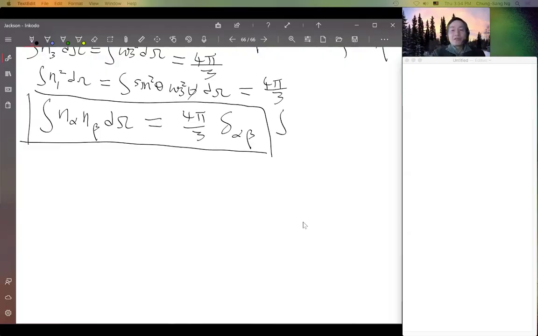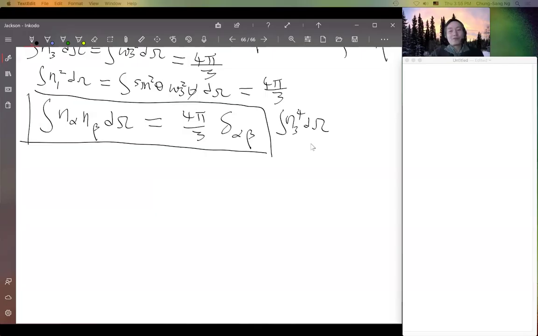So the first easier term is this one. Actually, I use n3 to the fourth power, since now you have 4 of them. The integral of n3 to the fourth d omega. n3 is just cosine theta, so it's cosine to the fourth of theta.